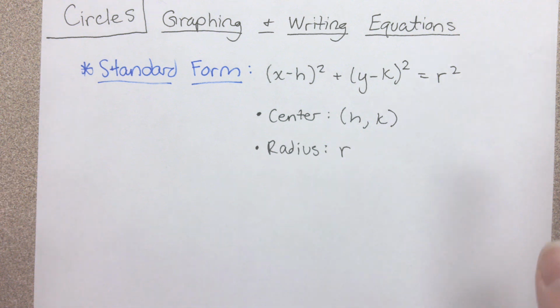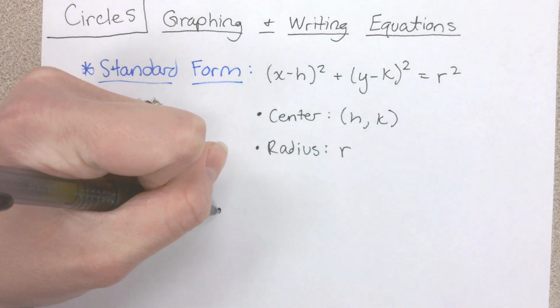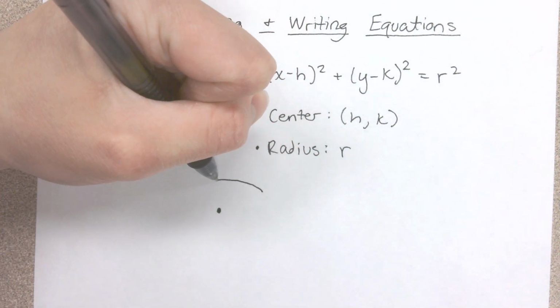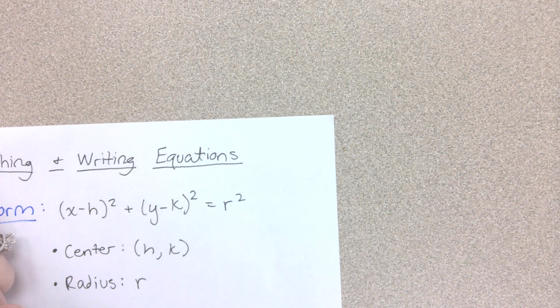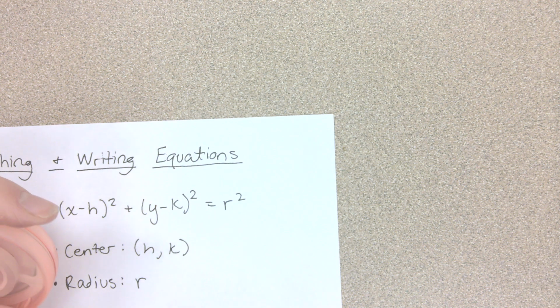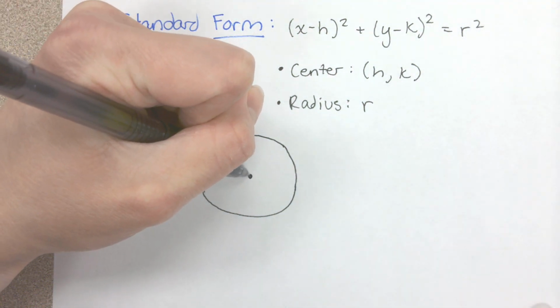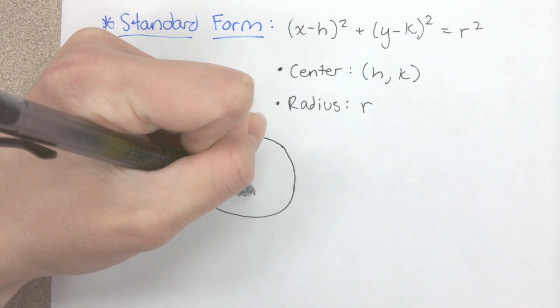And then just a quick little vocab review. If that's the center of a circle, and I'm going to redo that. I should have drawn the circle first. Draw a circle, then figure out where the center is, not the other way around. Okay, I'm going to do that again. There's my circle. So that point there we call the center.